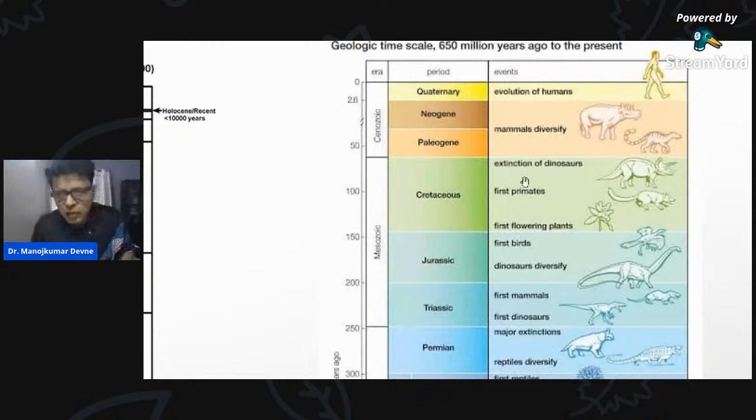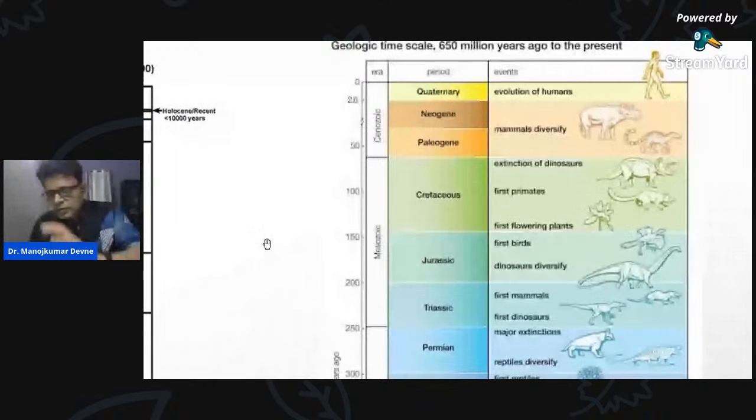And then you have the first primates. Why is it written first primates here? Basically, because human beings have evolved out of these primates. So it is from here that the initial thrust started. However, it took a few million years before it reached the present status. So this is how animal life has been increasing.